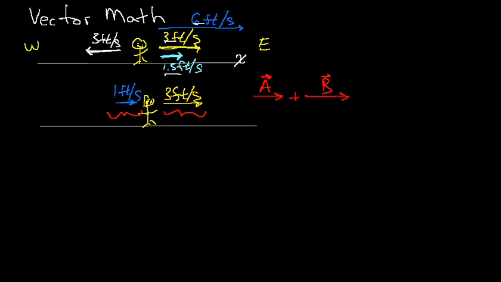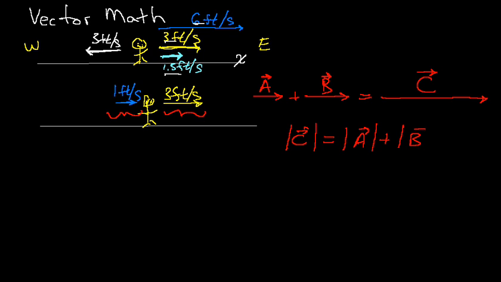So this is vector A, and this one here is vector B. In order to add these two together, if they're going in the same direction, we simply take the magnitude of one plus the magnitude of the other, and we get a new vector C. Sometimes we show magnitude with an absolute value sign. The magnitude of C is simply going to be the magnitude of vector A plus the magnitude of vector B.